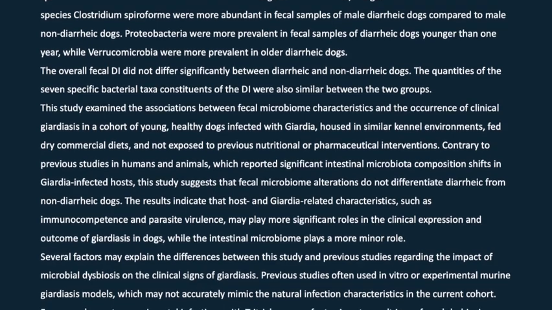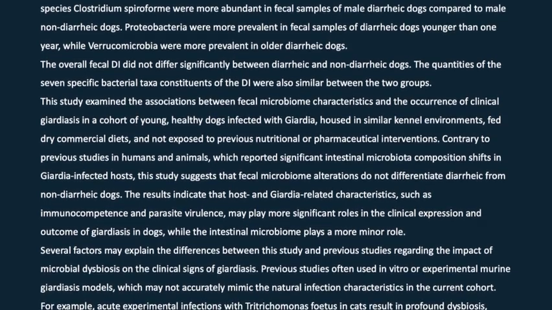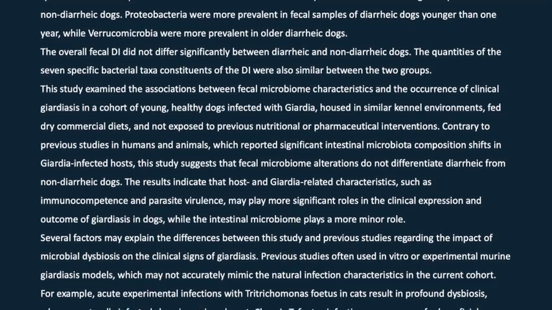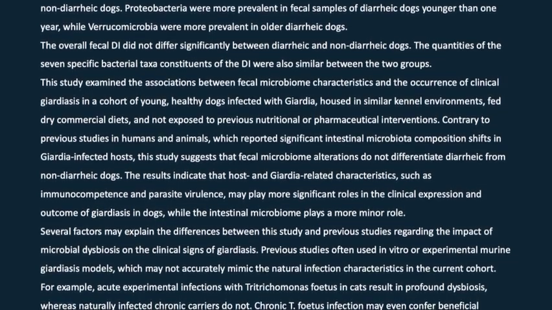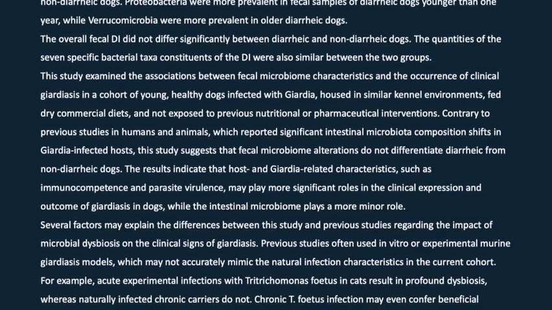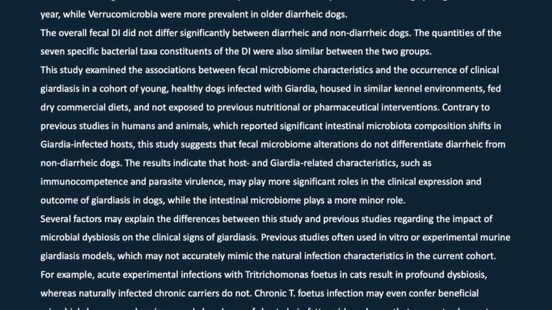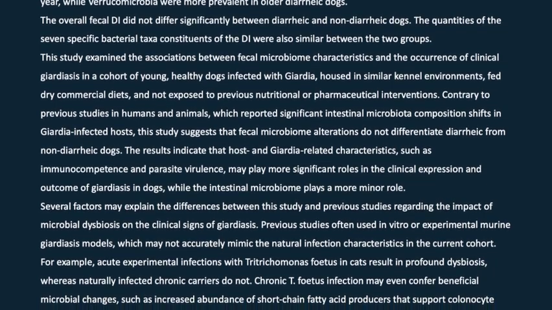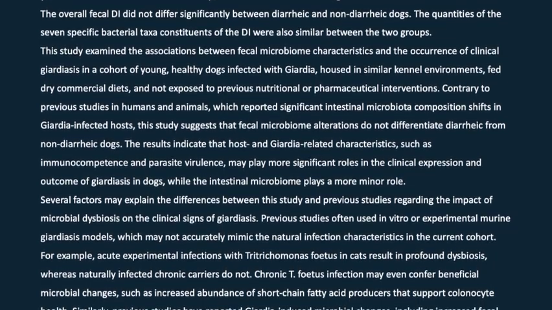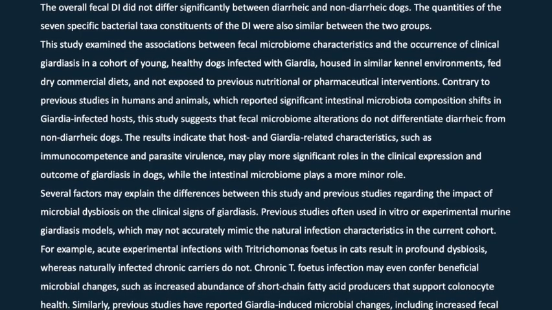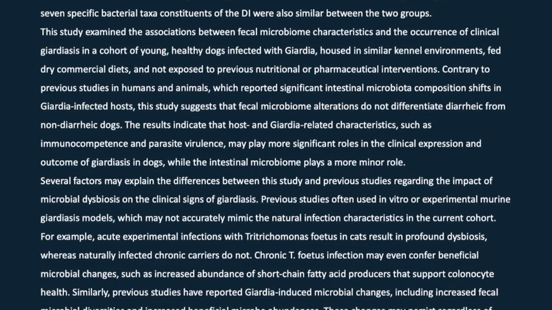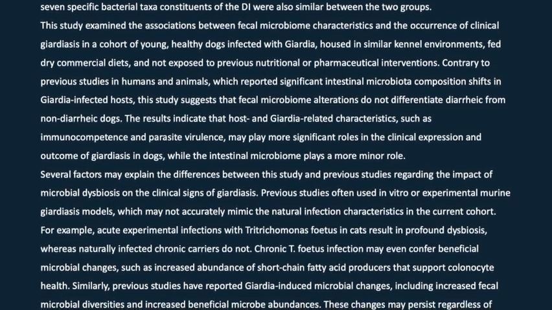Contrary to previous studies in humans and animals, which reported significant intestinal microbiota composition shifts in Giardia-infected hosts, this study suggests that fecal microbiome alterations do not differentiate diarrheic from non-diarrheic dogs. The results indicate that host and Giardia-related characteristics, such as immunocompetence and parasite virulence, may play more significant roles in the clinical expression and outcome of giardiasis in dogs, while the intestinal microbiome plays a more minor role.